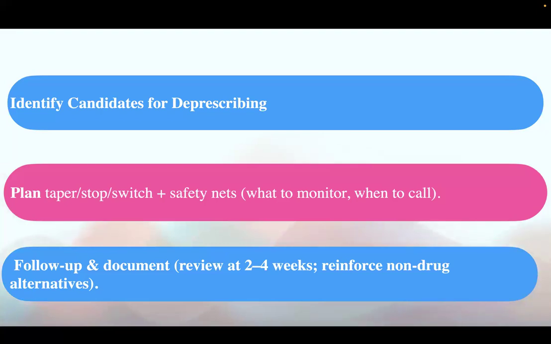Okay, so that is very important. Plan is a very important factor. And the last step, sixth, is follow up and document. Good documentation practice is also mandatory in this particular theory. So you need to review at 2 to 4 weeks and reinforce non-drug alternatives as well. So this is the whole deprescribing workflow, or we can say a framework, which gives you a basic idea of how to go.